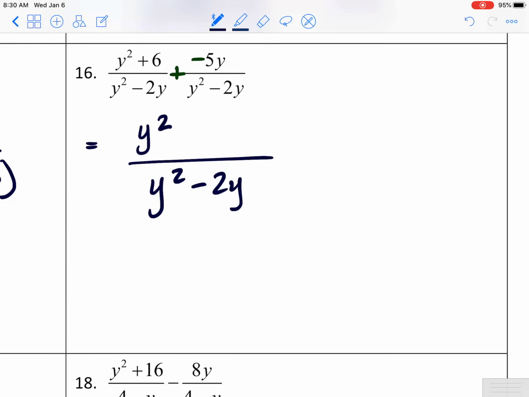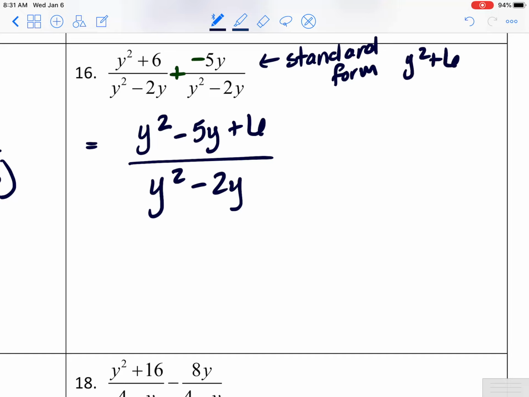So I have y squared. I'm gonna bring the minus 5y here plus 6 because now it looks like a regular trinomial. So I wrote my top in standard form. Because if you kept it as y squared plus 6 minus 5y, really hard to factor that.